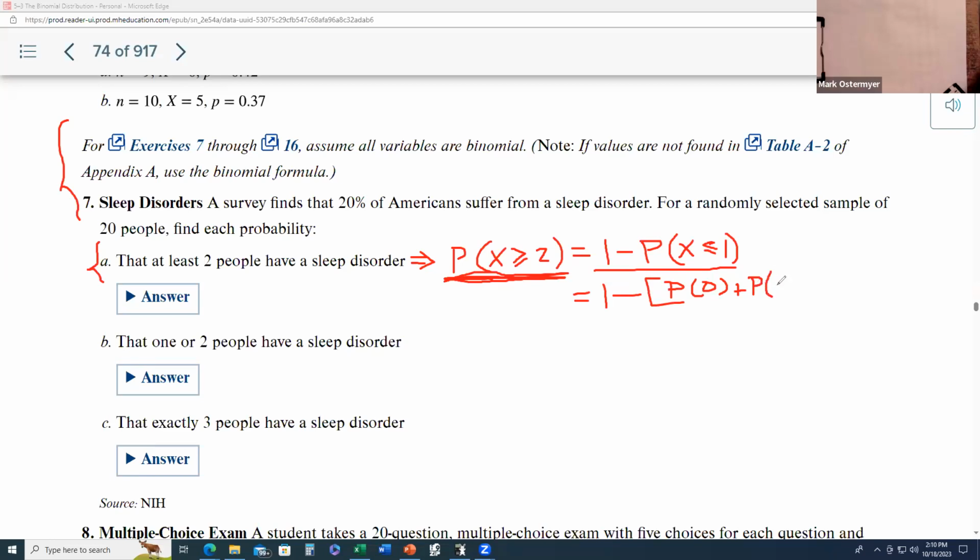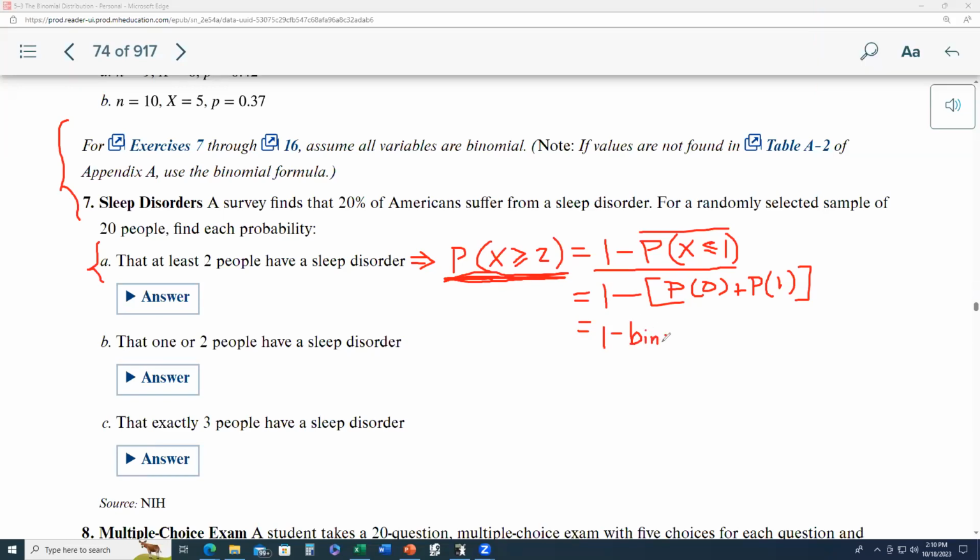Isn't that true? Or, ladies and gentlemen, I could use my what function? Since my probability looks like this, you can grab the binomial, what function? Binomial cumulative function. That's right, the binomial CDF function, even quicker.